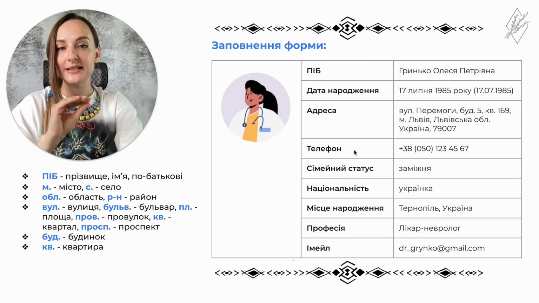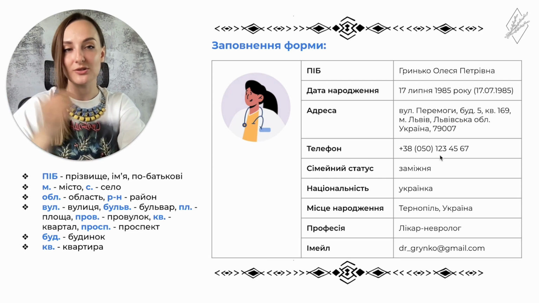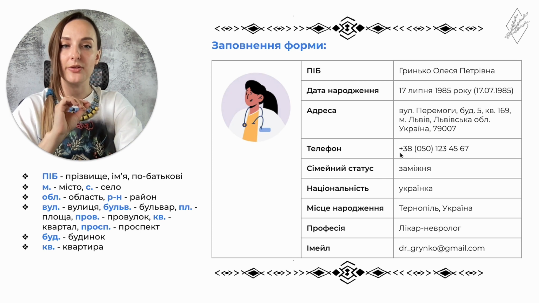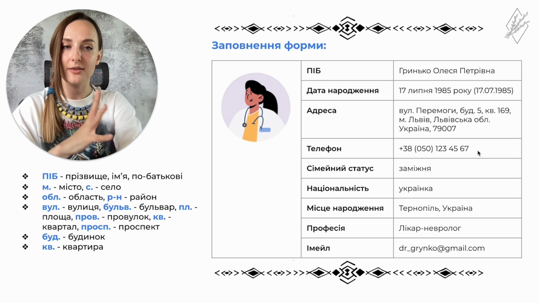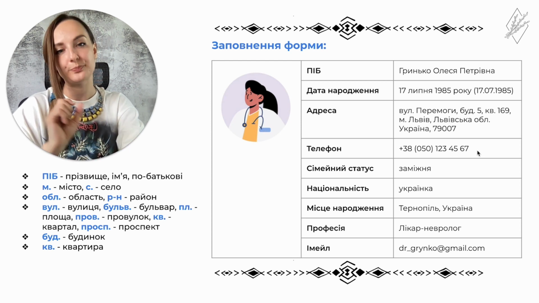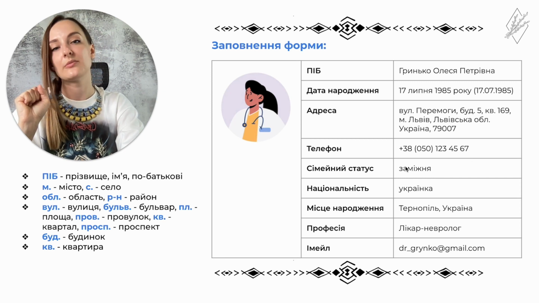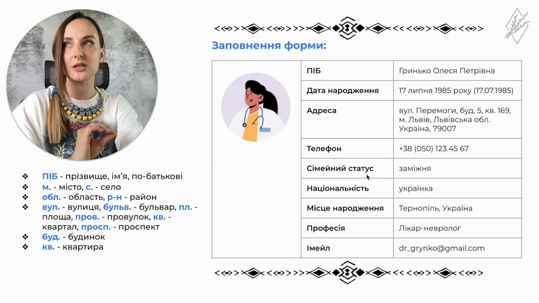The next line is телефон, which is clear. Your telephone number, you just write it down. In Ukraine, we have the code +380, and then other numbers will be changed depending on the phone operator and so on. Then, сімейний статус. How do you think what it means?